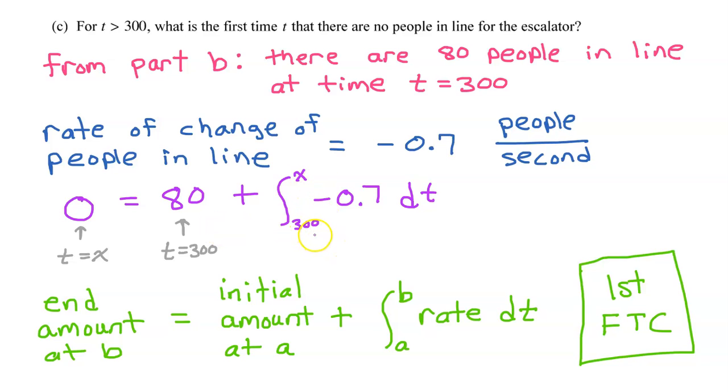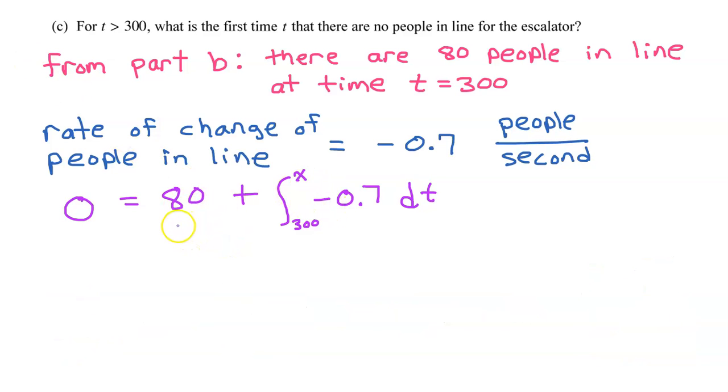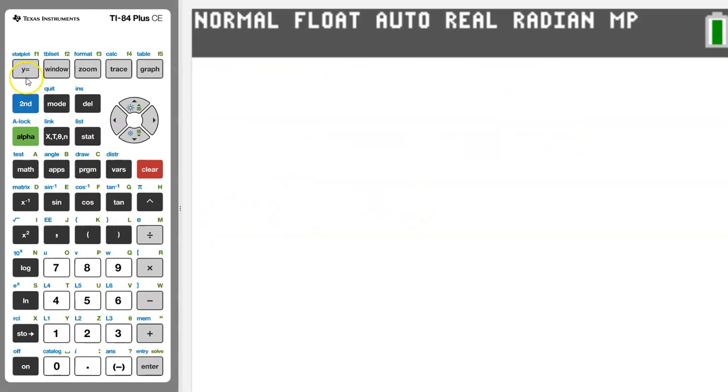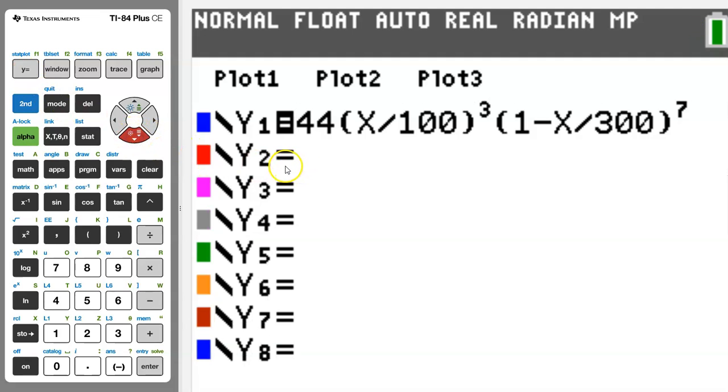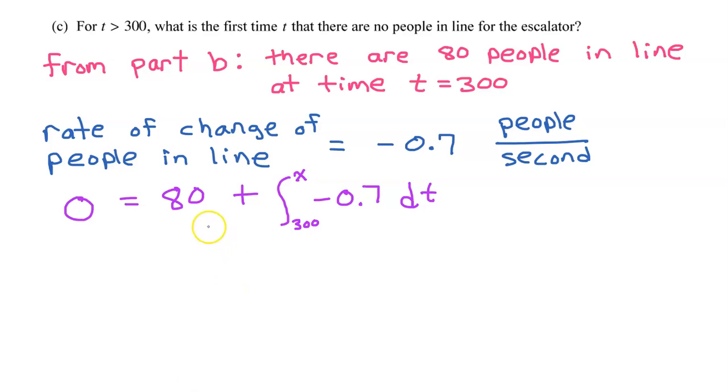So what we have is an integral defined function. This is not a problem. We can just graph the right side of the equation and see where it equals 0. So let's type all of this as a function into our graphing calculator under y equals. Let's move down to y2, and we are going to type 80 plus this integral.